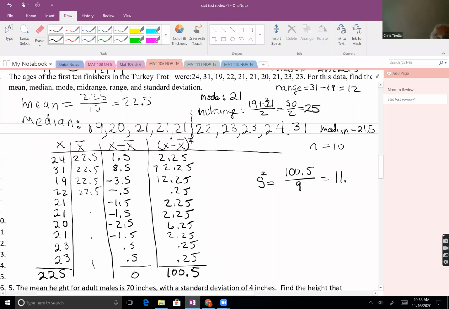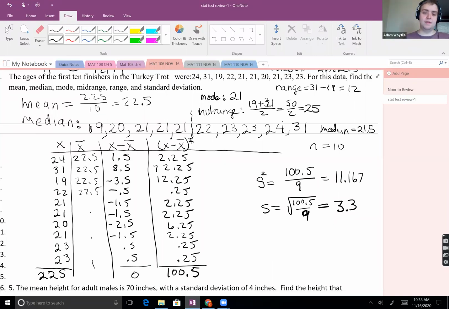Let's keep the 11.167, but now without taking the number out of the calculator for the standard deviation, we're going to take the square root of that. Why is that 6? It should be 9. Oh, sorry, a senior moment. And I'm getting 3.3. I was trying to just copy what was up above.